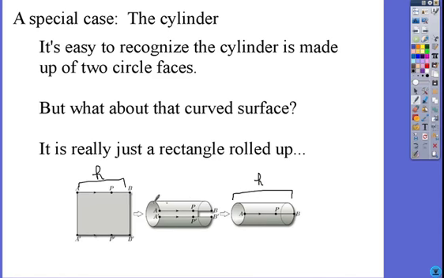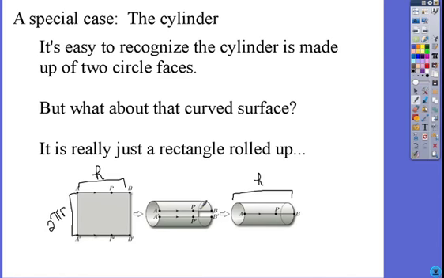It's the height. If I think about this side of my rectangle, this is what is really forming the outside of my circle. And remember, we have a formula for how to find the outside of a circle. It's the formula for the circumference of a circle, and that is going to be 2 pi r. 2 times pi times r. So that's this length. It's the outside of the circle.